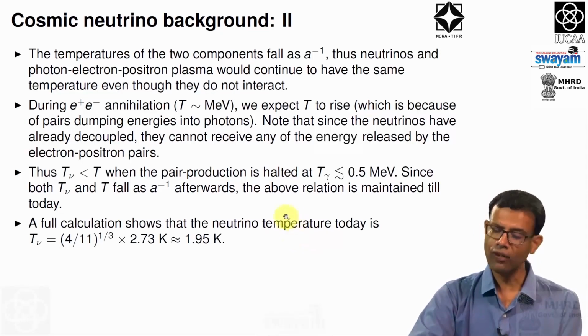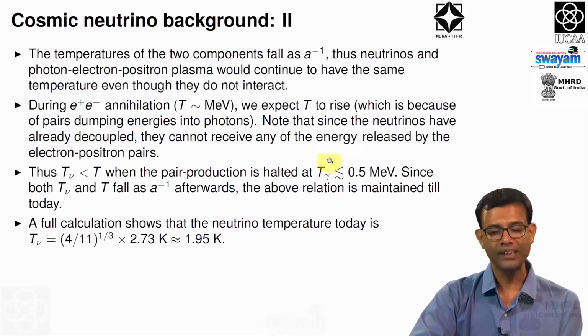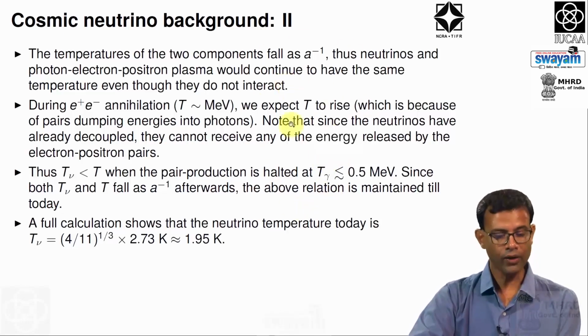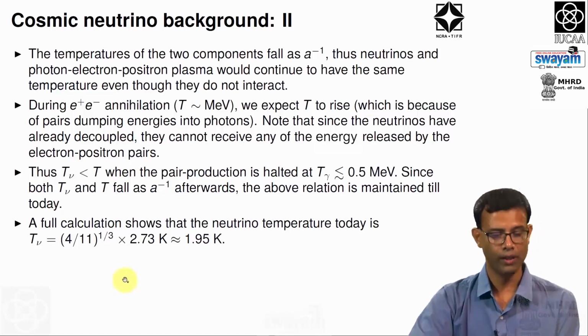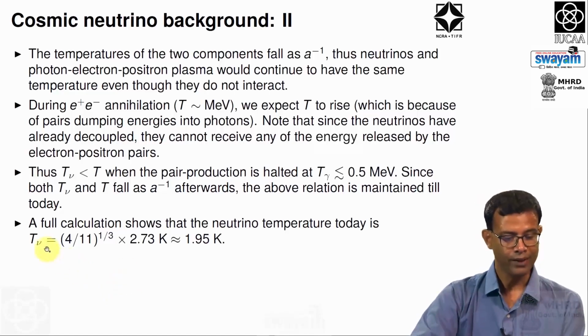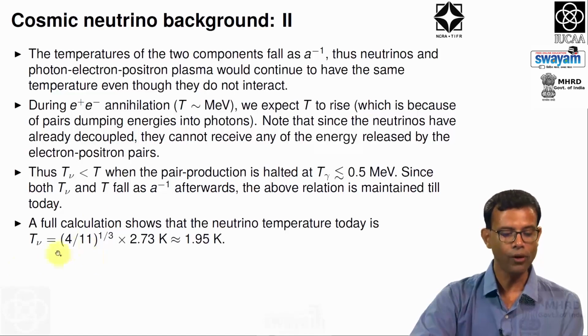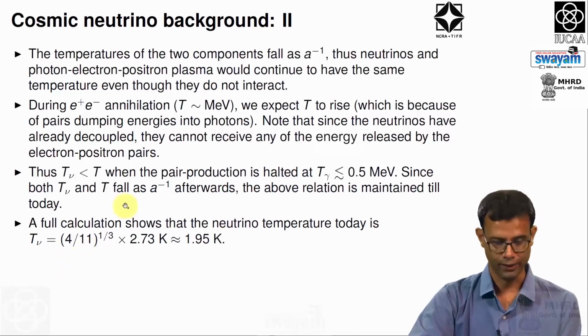One can actually do a full calculation, because in terms of physics there is nothing which we do not know, and you can work out the relation between the neutrino temperature and the photon temperature, the radiation temperature. It will turn out that the neutrino temperature is (4/11)^(1/3) times the photon temperature.